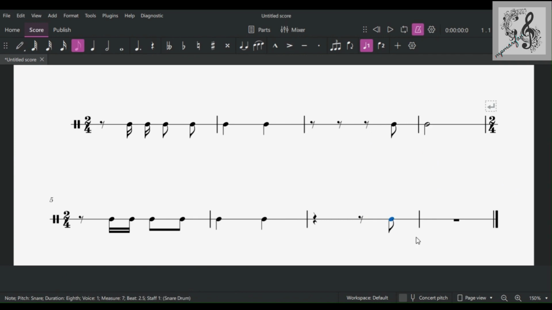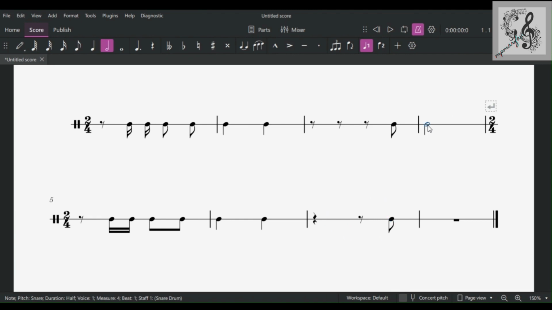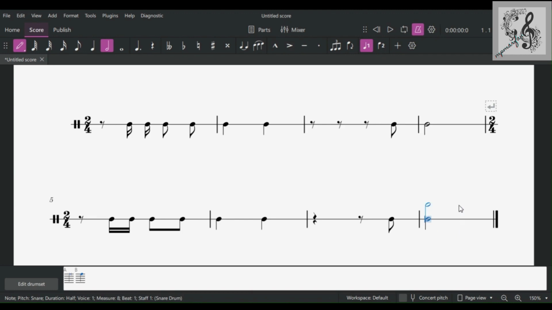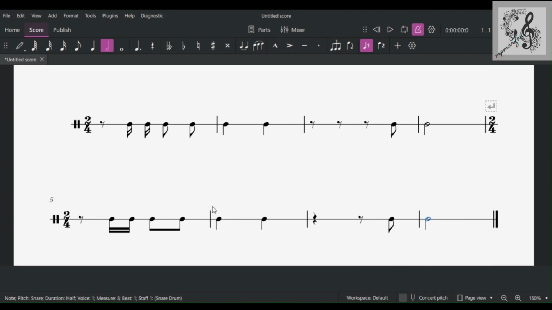So this correctly grouped, this will be count 1, this is where count 2 begins. And then this is 2 counts each, so we'll just put it. So the 2 rhythms are the same, but when it's grouped, it's much easier to read as opposed to when it's all separated like this.